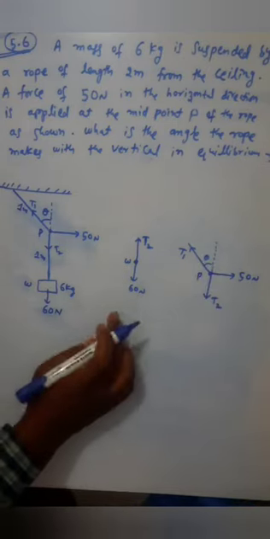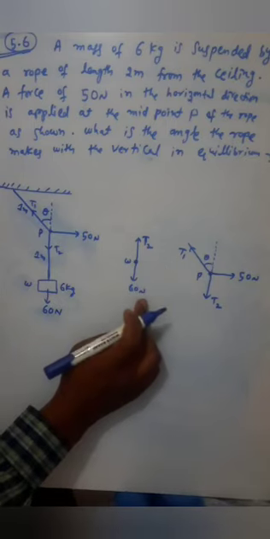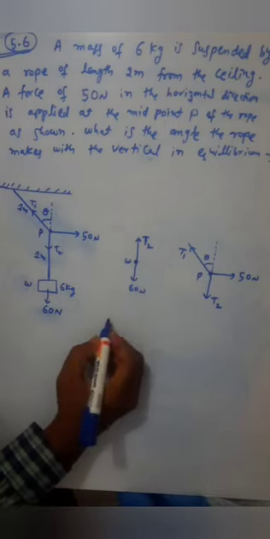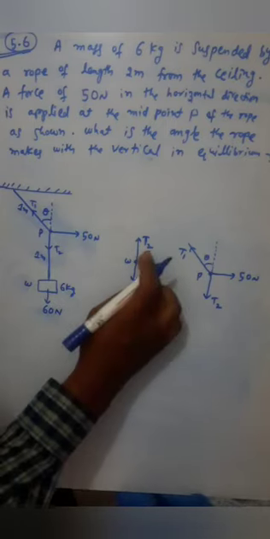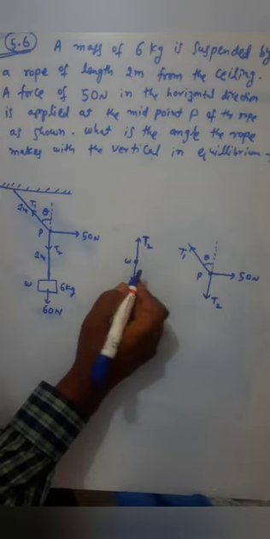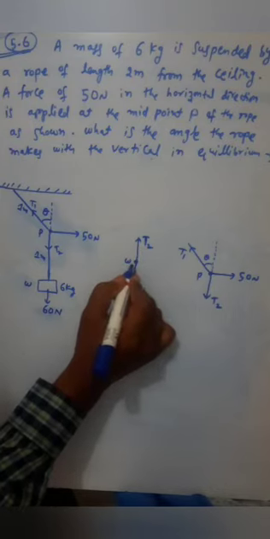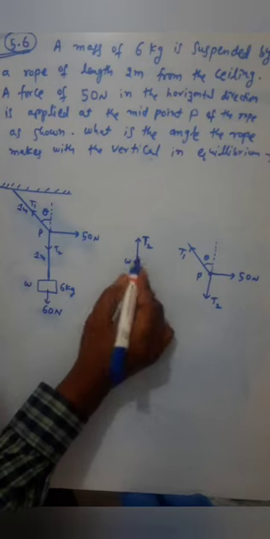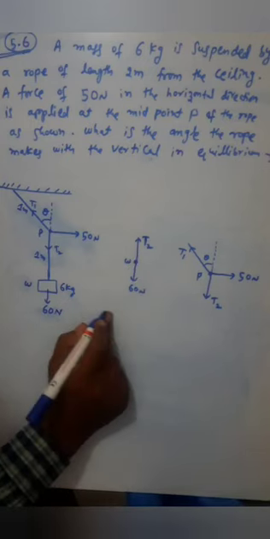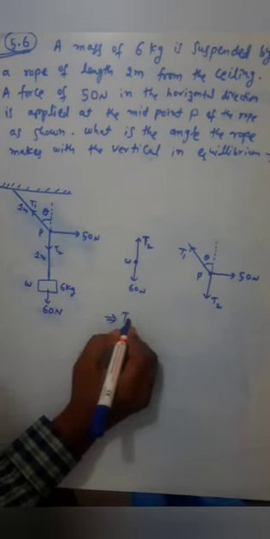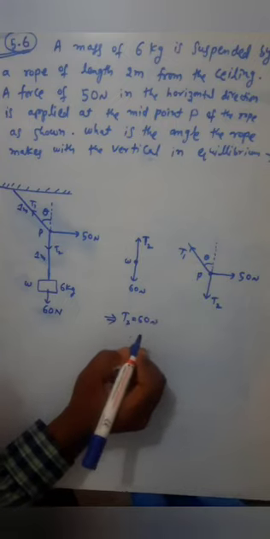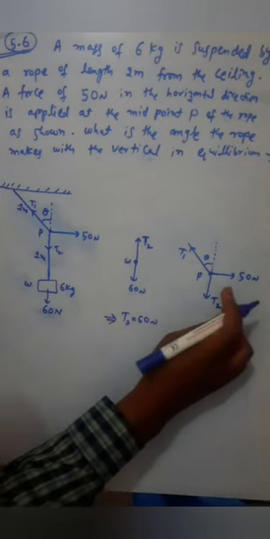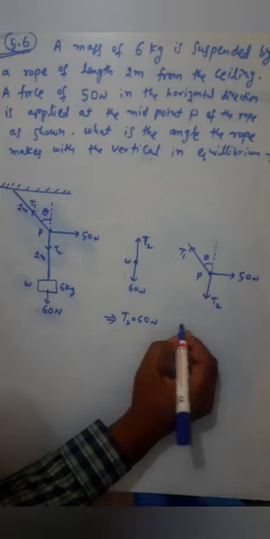From this figure, the particle W is in equilibrium, which means these two forces are equal. So we can write T2 equals 60 newtons.